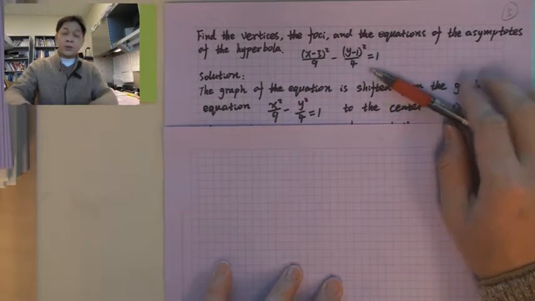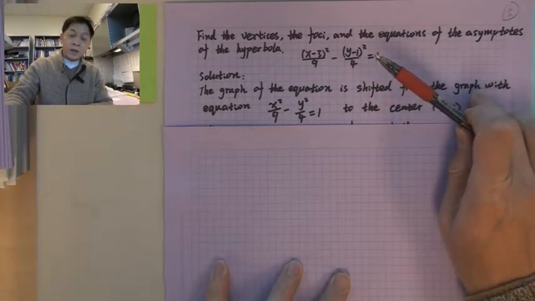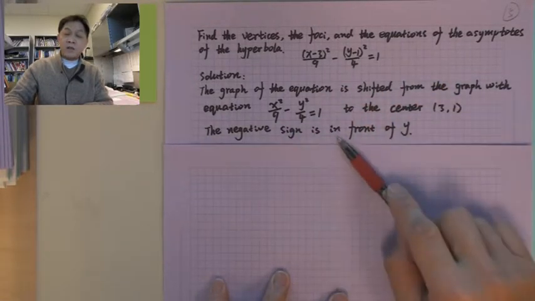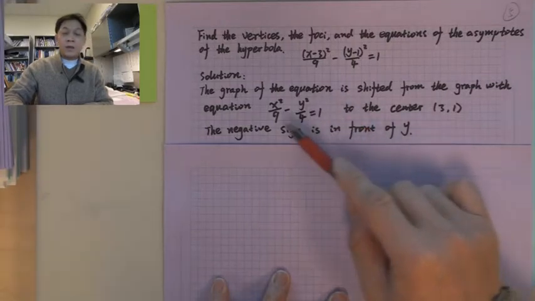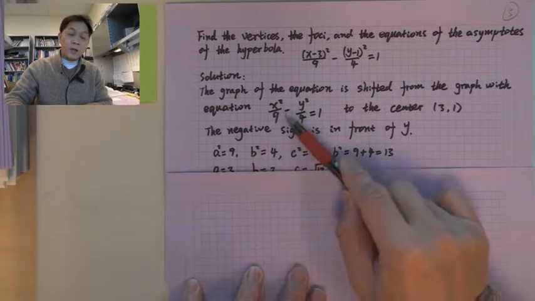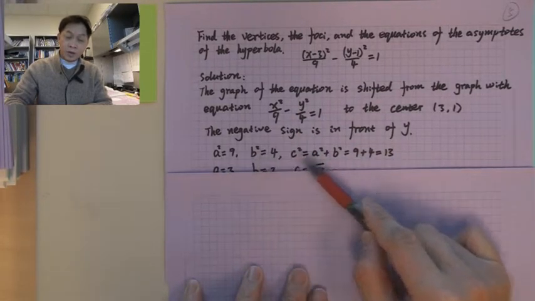The two branches are like that. The foci and the vertices in this case are on the x-axis. The negative sign is in front of y. So down below y is b, down below x is a. So you have a squared is 9, b squared is 4, c squared is a squared plus b squared.